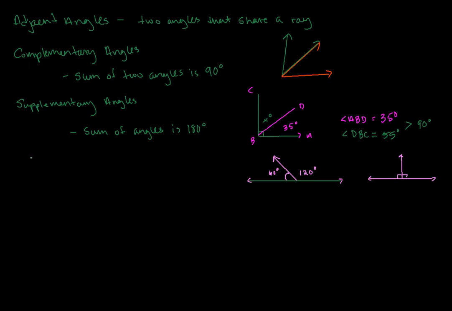When two angles are equal to each other, that makes them congruent. We call that congruent, okay? So if you've got two angles that are the same, that makes them congruent. Equal angles. And you can also have equal sides too.